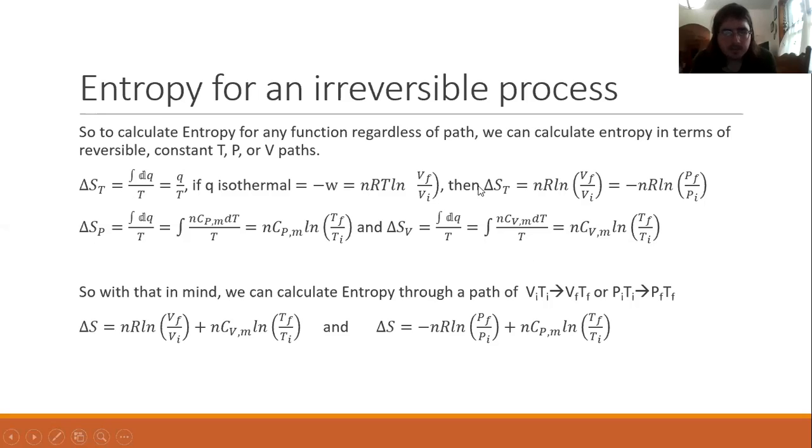So we've defined 3 different paths we can take in any situation: constant T, constant P, or constant V. With that in mind, we can calculate entropy through any path of isochoric, isobaric, or isothermal by combining those functions together. So the total entropy, we can calculate over 2 paths: constant volume, constant temperature, or constant pressure, constant temperature. Just fine and dandy.